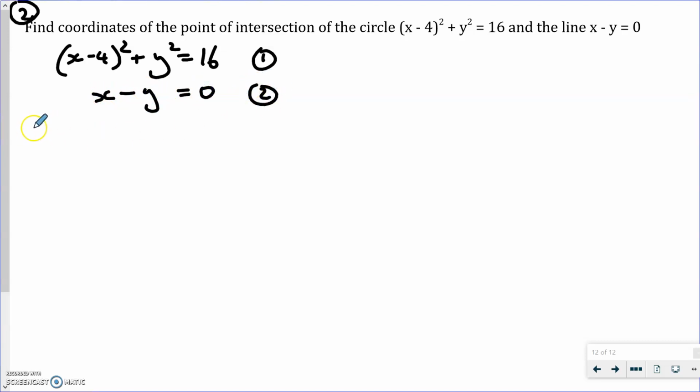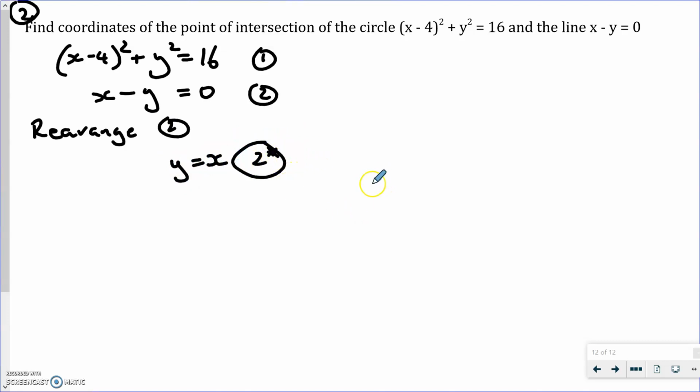I'm going to rearrange equation 2 to become y equals x. That's my equation 2 star, I've just rearranged it.